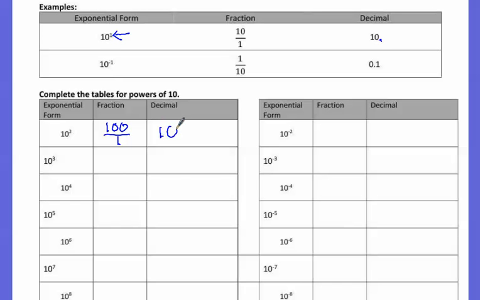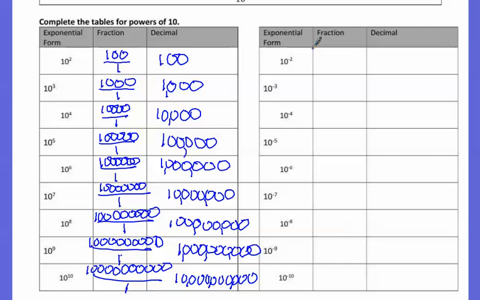Decimal form is 100. 10 cubed is 1,000 over 1. The decimal is 1,000. Remember, the exponent tells you how many zeros there will be. Pause the video and finish through 10 to the 10th power. Check your answers with the ones below.